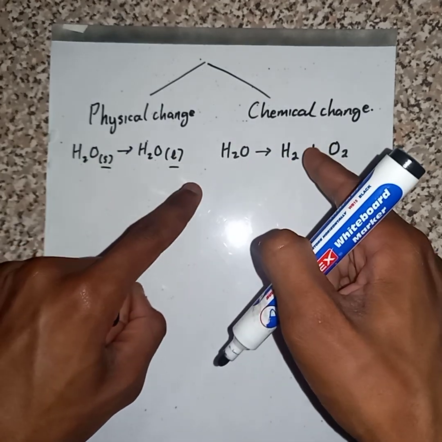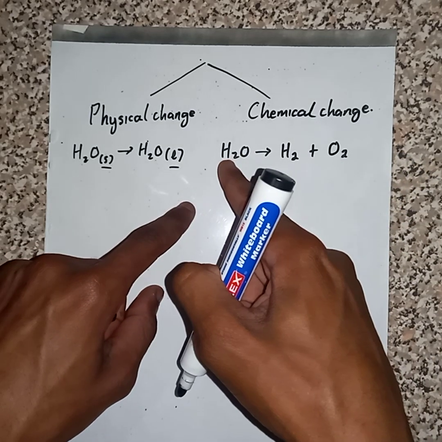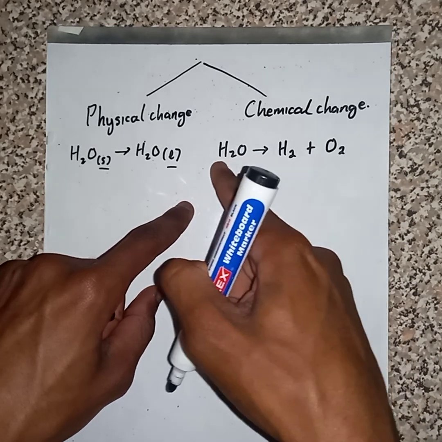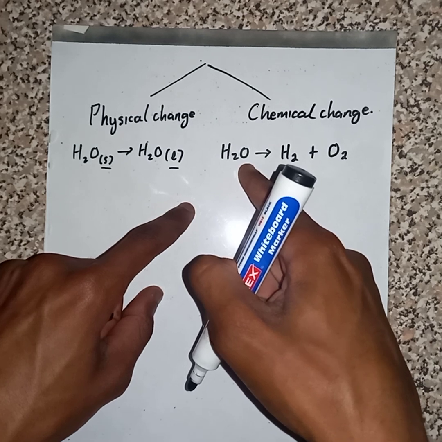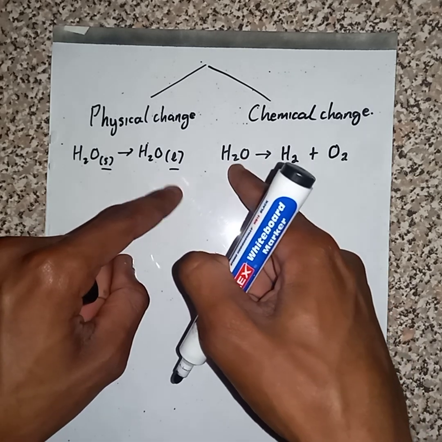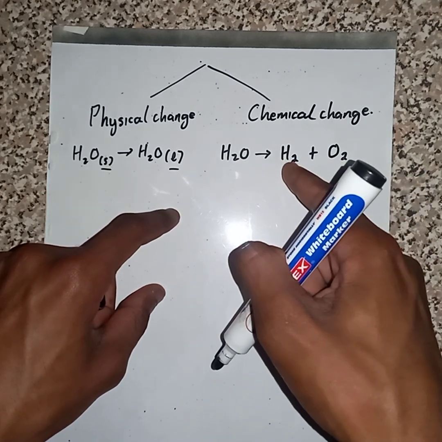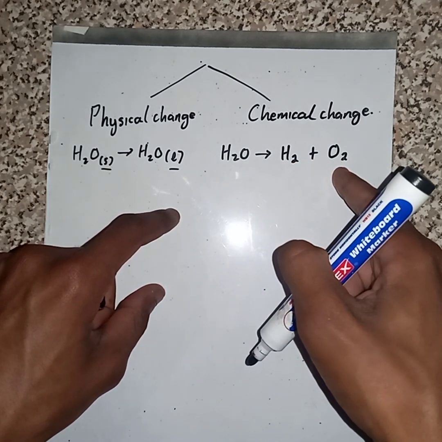This one is a chemical change. Why do we say so? Because now the identity of that substance, in this case water, has changed. It is no longer water. We have hydrogen as well as oxygen.